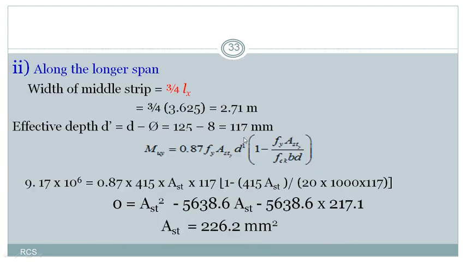And along the y direction we also have to calculate. The width of the middle strip is 3/4 of Lx. 3/4 of Lx is 2.75 meters, and the effective depth is then calculated as d dash equal to d minus 8, that is 125 minus 8, that is 117 mm. Now substitute all those values, we will get the area of steel along the y direction. Ast equal to 226.2 mm square.